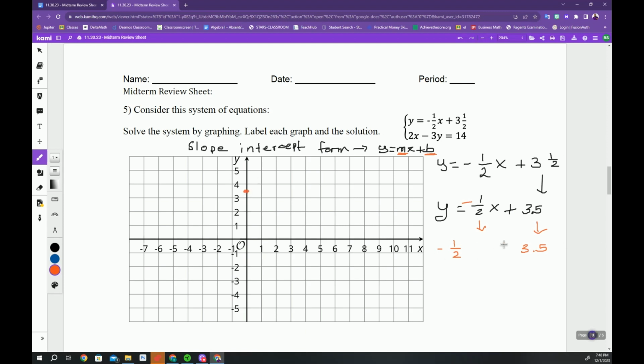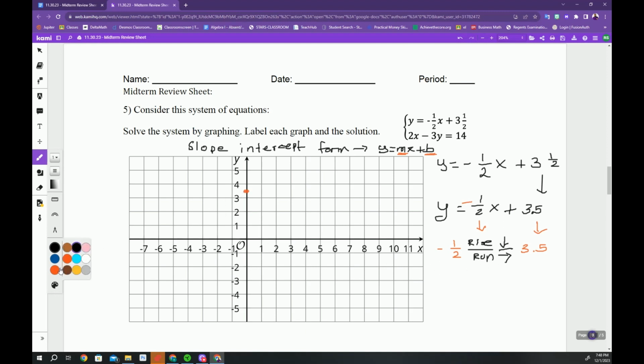The next thing you're going to do is look at your slope. Another way to look at slope is rise over run. If I look at this carefully, my numerator is negative 1. Negative 1 means we're going to rise, but instead of going up, we're going to go down. Our run is positive 2, so we're going to go to the right.